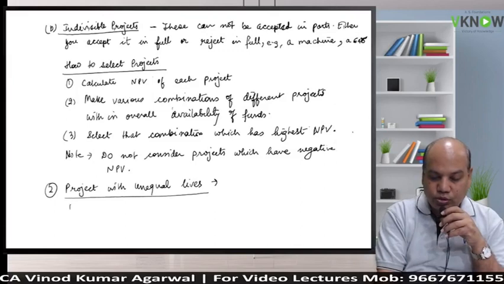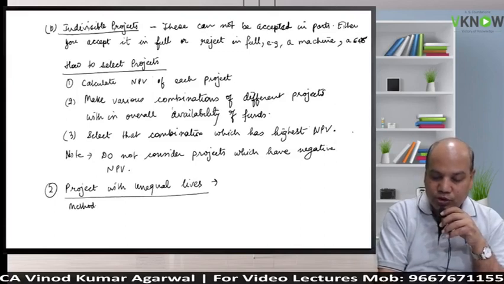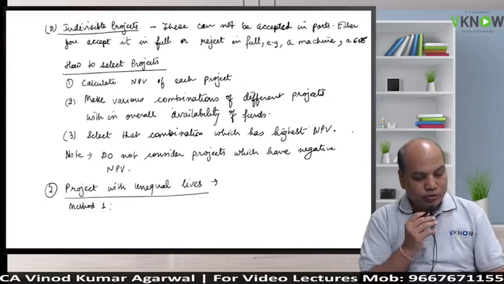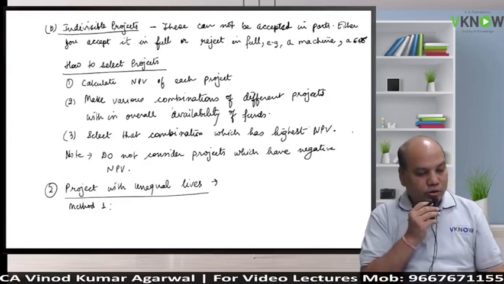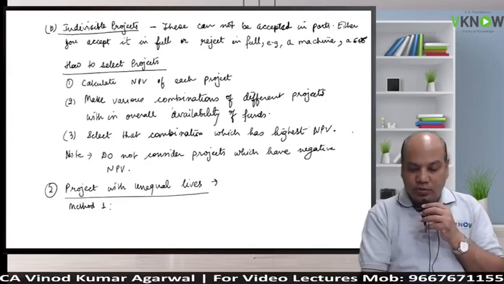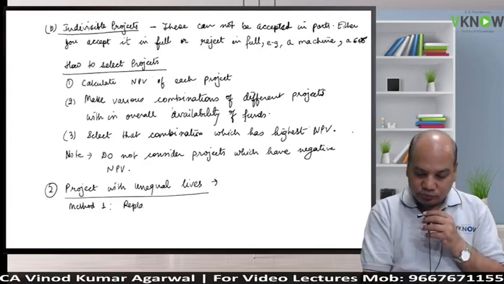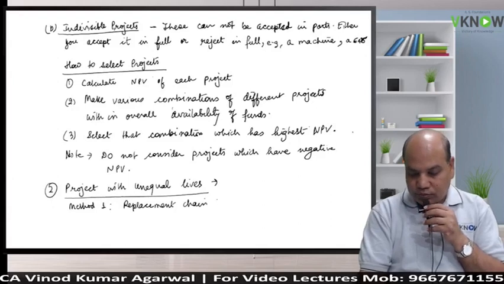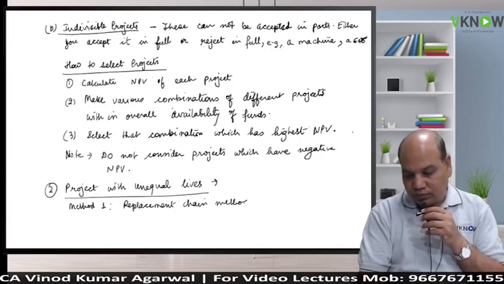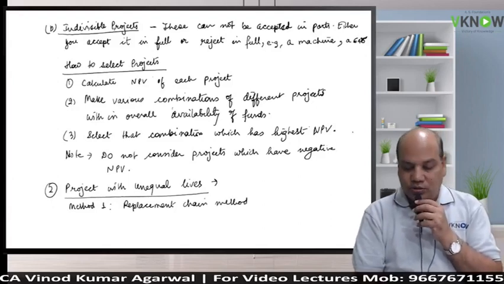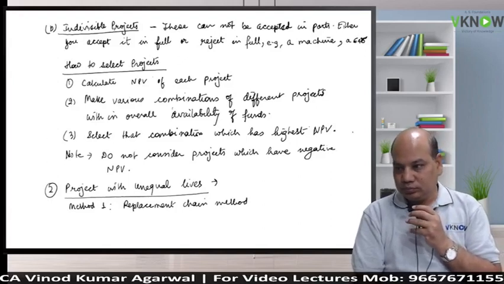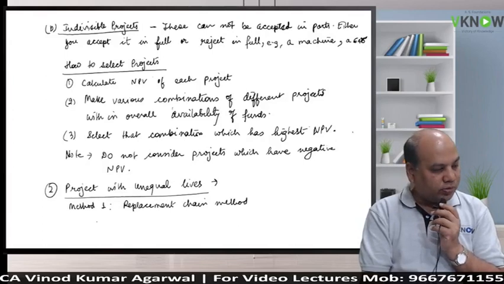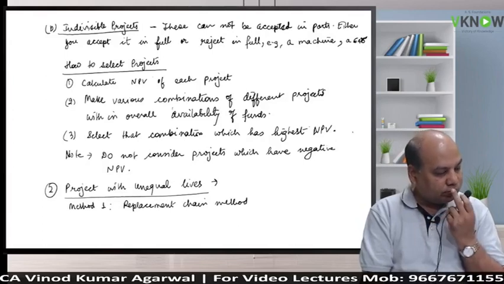So we have two methods to solve projects with unequal life, because we have to make them comparable. One method is called the replacement chain method. Under the replacement chain method, what will we do?